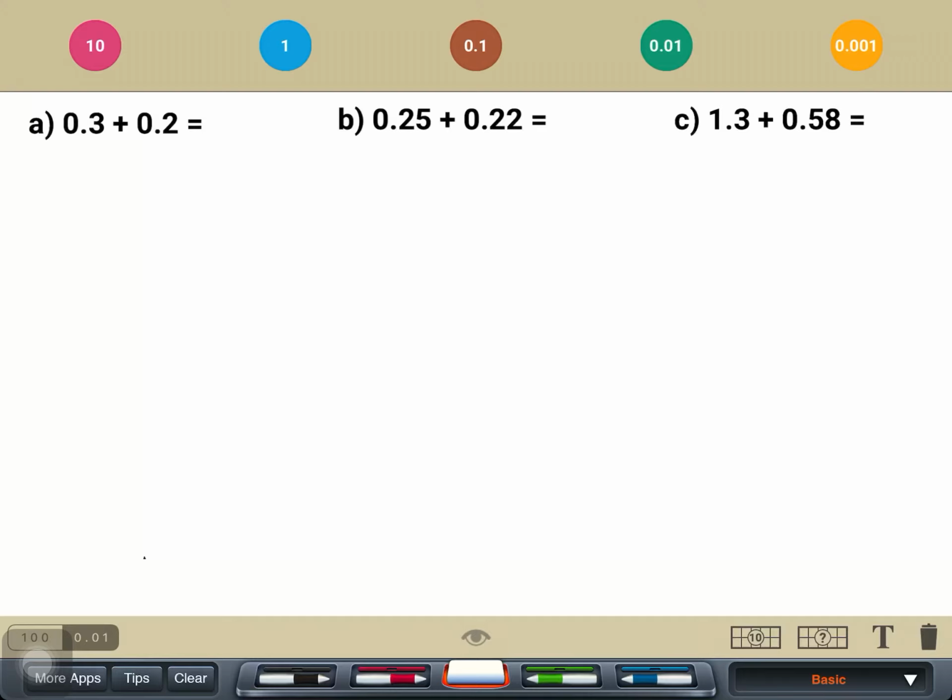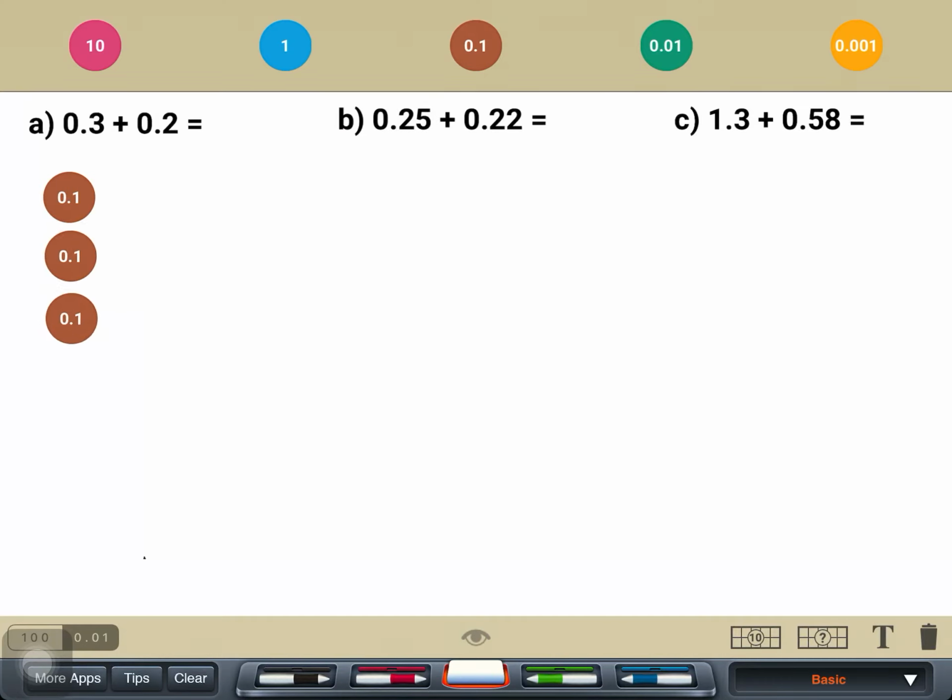First one, in letter A, we have 3/10 plus 2/10. Okay? To show you how to do it using this app, place value disk, we just have to represent each value using the disk. So 3/10, meaning I have to put 3/10 here. That's 1, 2, 3/10.